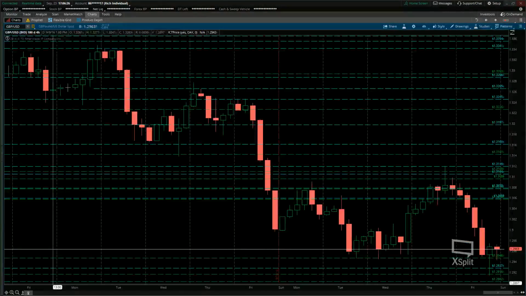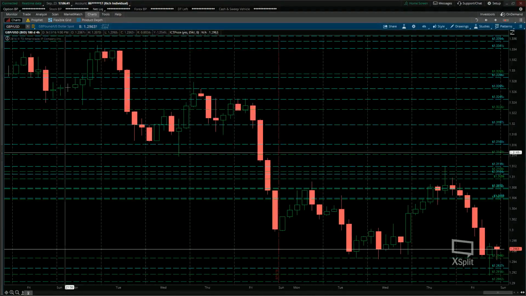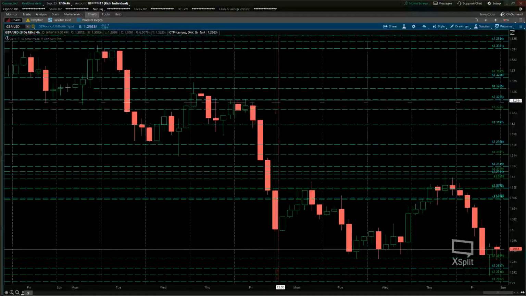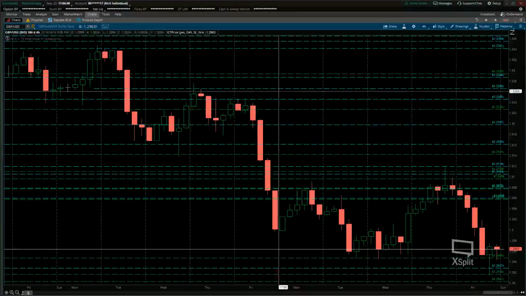Now you can really start to see how these daily and weekly order blocks and levels off of these candles, specific candles, start to give you really good information on the 4 hour chart. Look at this area here. This was last Friday before the Fed. This red line is option expiration.